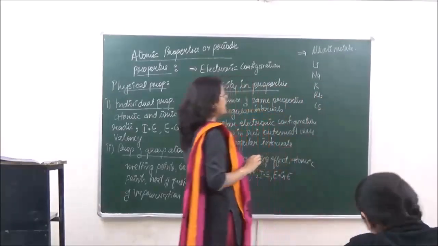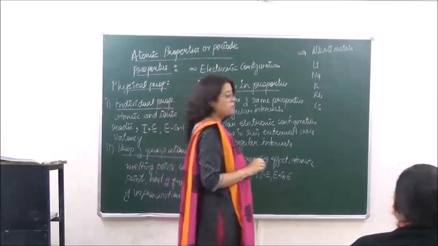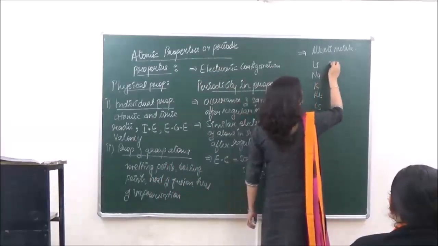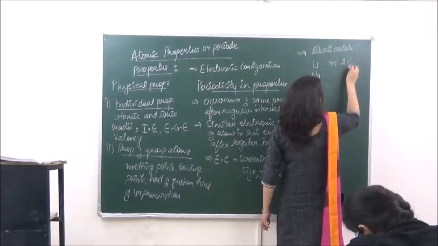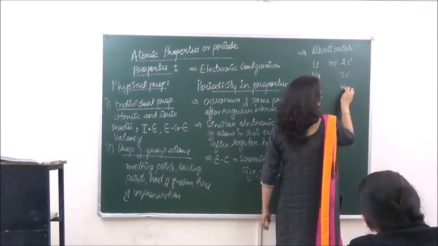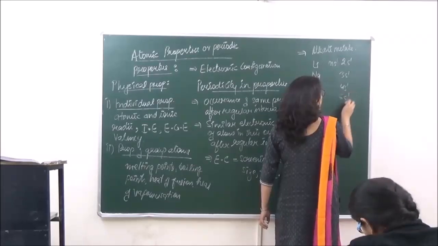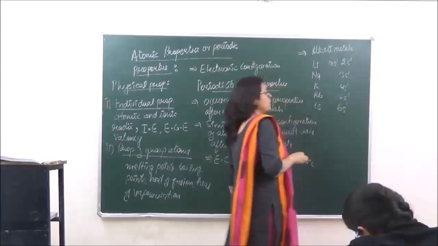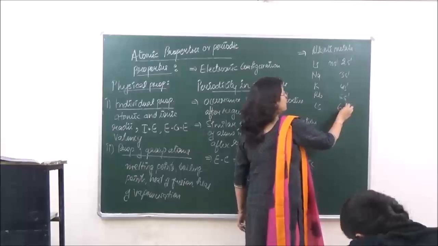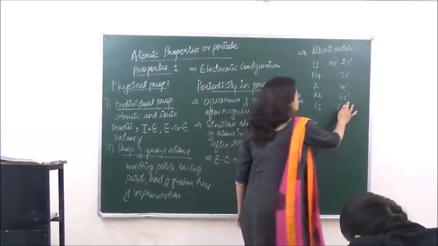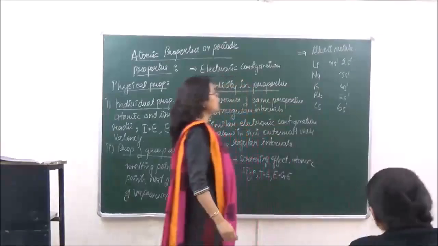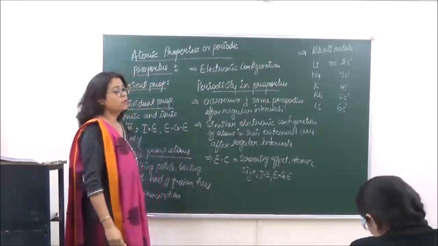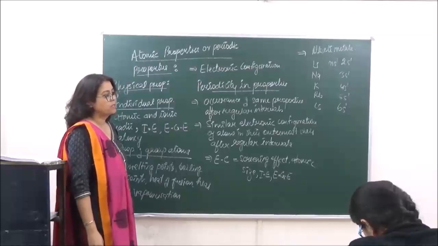All these have the general electronic configuration of ns1 in the outermost shell. Like in lithium it is 2s1, then 3s1, 4s1, 5s1 and 6s1. Due to the similar number of electrons and similar electronic configuration in the outermost shell, all the alkali metals are going to possess the same chemical properties.